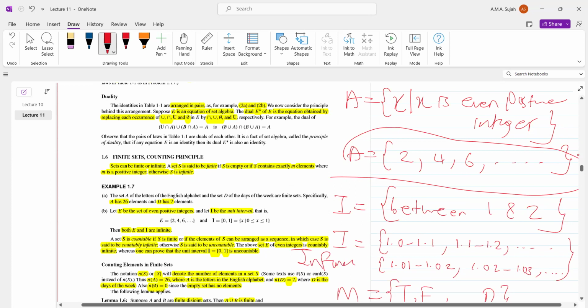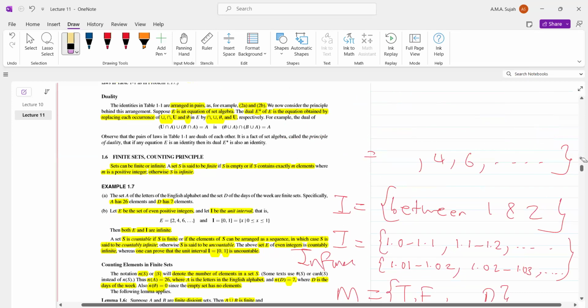If someone asks to define an interval between 1 and 2, it's up to your requirement. Maybe someone considers an interval as 0.1 length, someone says 0.01. It's up to their requirements. We don't know exactly how many intervals there are for these types of sets, so in this situation we can say it is an infinite set.